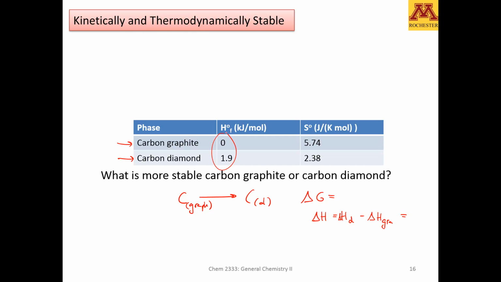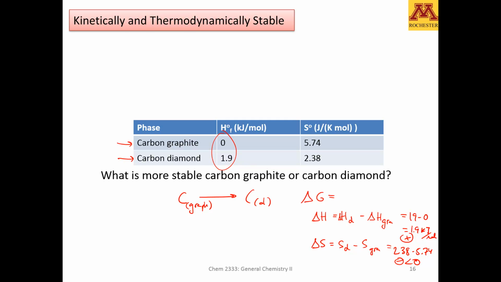So diamond is 1.9 minus 0, this is 1.9 kilojoules per mole. In other words, it's positive. The delta S is the S of products, diamond, minus the S of reactants, which is graphite. That is 2.38 minus 5.74. Again, this is negative.